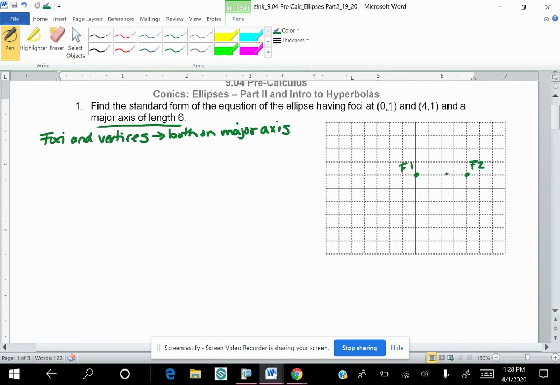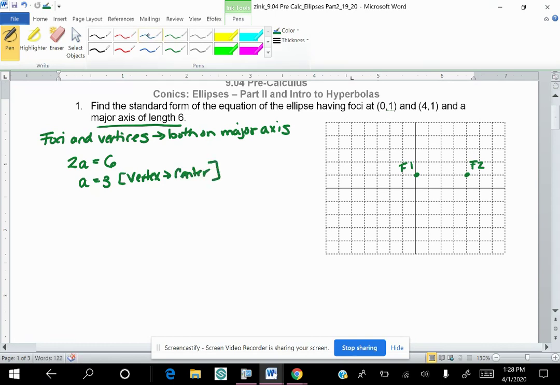So we know that from the center to one of the vertices, which is your A, is going to be half of that. So you could say from here that 2 times A has to give us 6. So A is 3, because remember again, A is the distance from your vertex to your center.